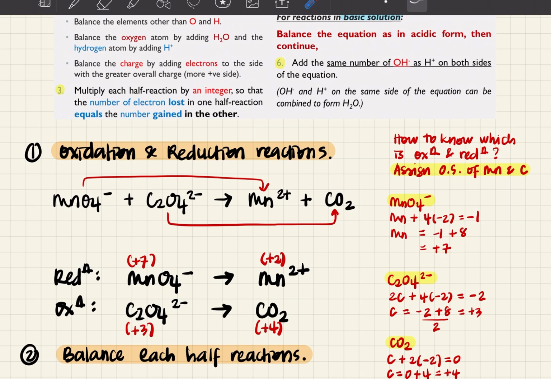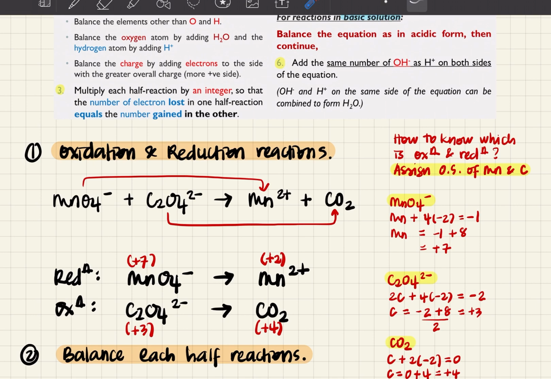Then it will form Mn2 plus, so the oxidation state is plus 2. So the oxidation state decreased, which means MnO4 minus has undergone reduction. That's why saya letak reduction kat sini.